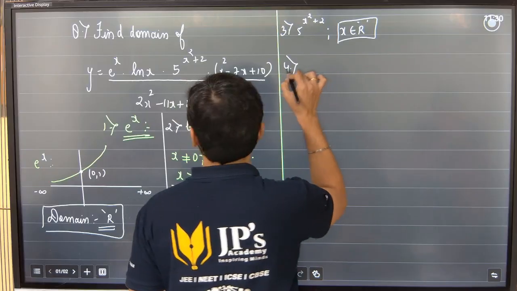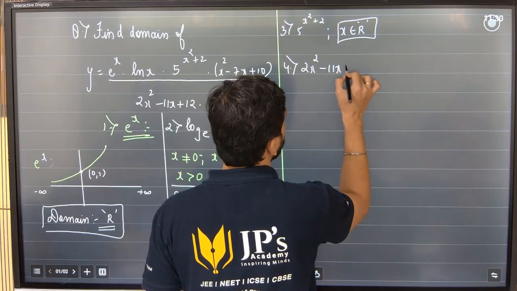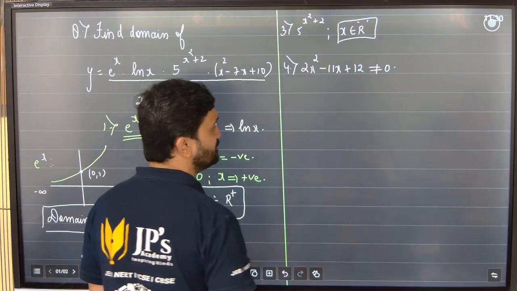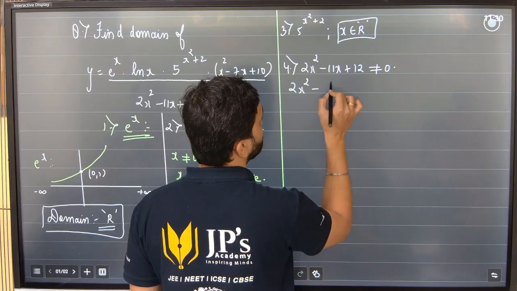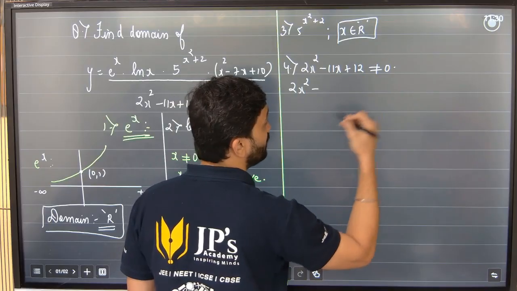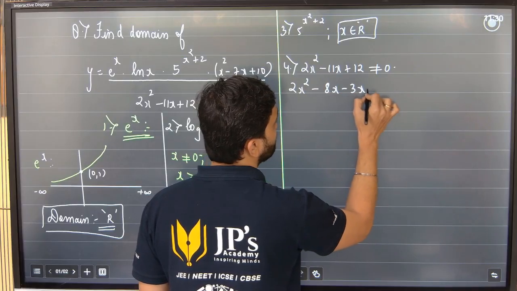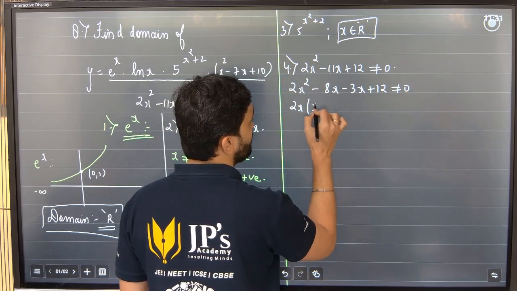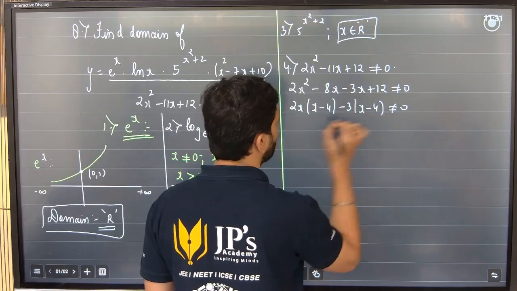Now comes the fourth part, and the fourth part is 2x square minus 11x plus 12 should not be equal to 0. Factorising: 12 times 2 is 24, and I know that I need 11. So I'll write 8x minus 3x plus 12, not equal to 0. That gives 2x(x minus 4) minus 3(x minus 4) not equal to 0.